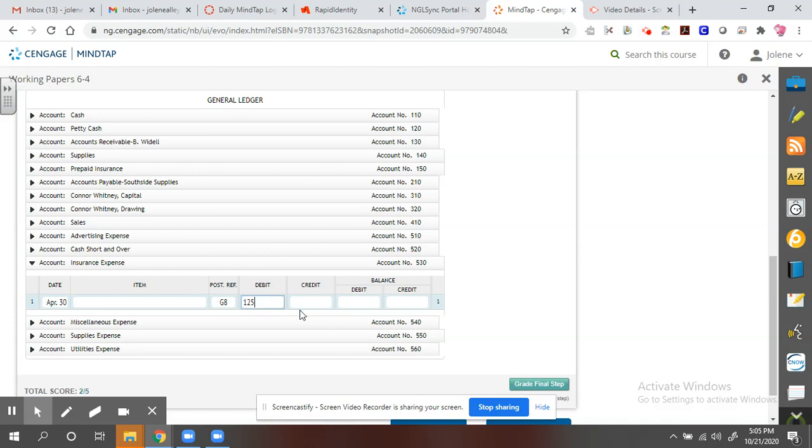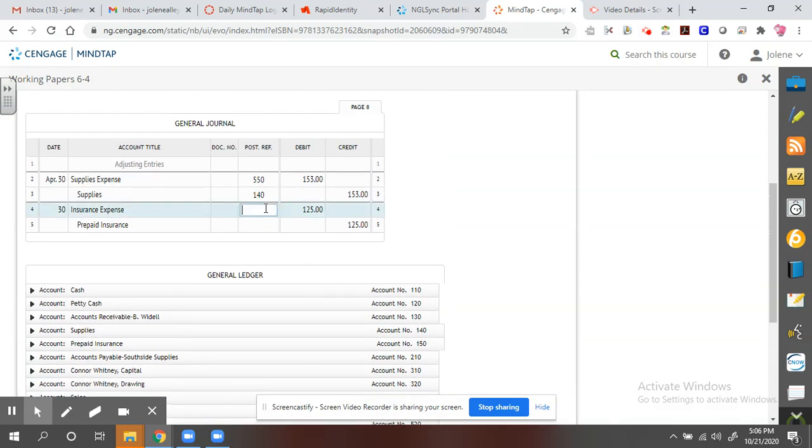There's no balance before this, so now the new balance is 125 debit. It's got to be in the debit column. The account number, 530, I move up here. That shows anybody that I have posted that part of this transaction.